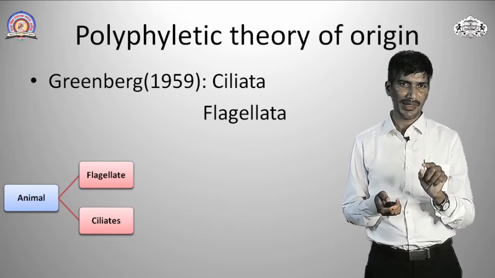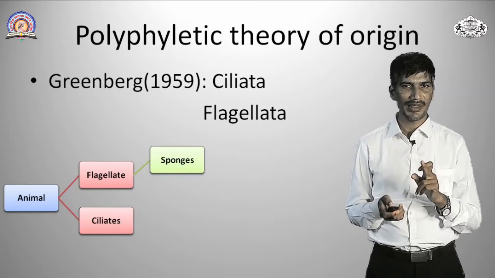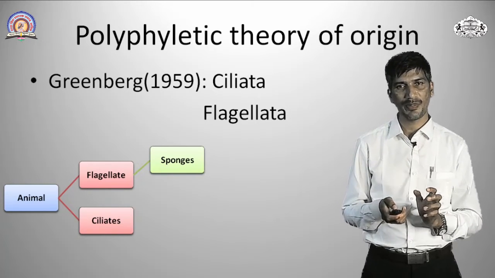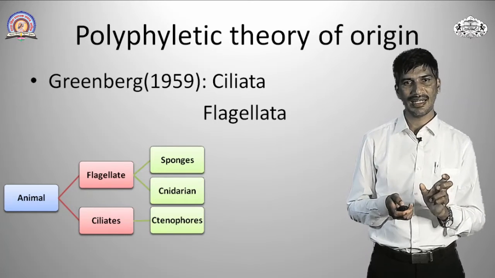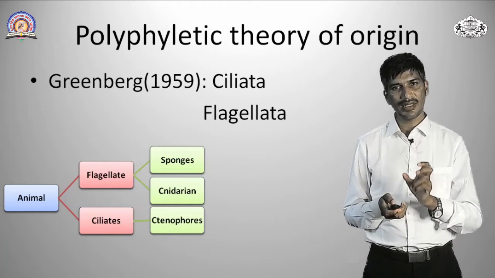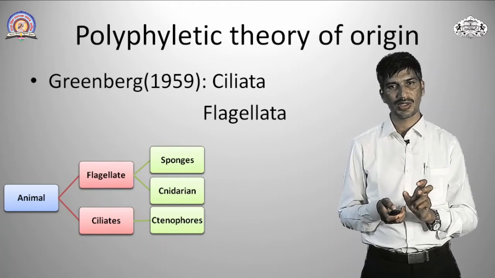These two groups of animals, he put forward, the flagellated animal participates in the development of the sponges and the cnidarian groups, and the ciliated animal is actively involved in the origin or development of the ctenophores.